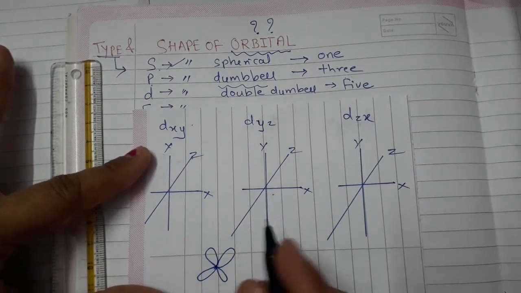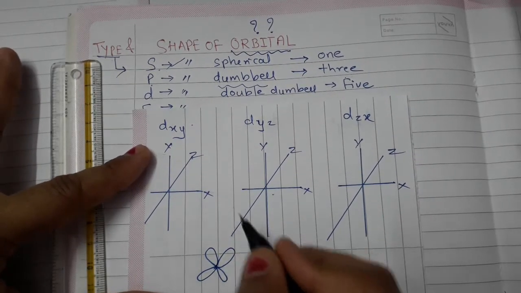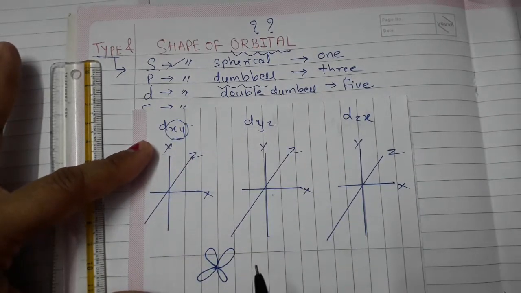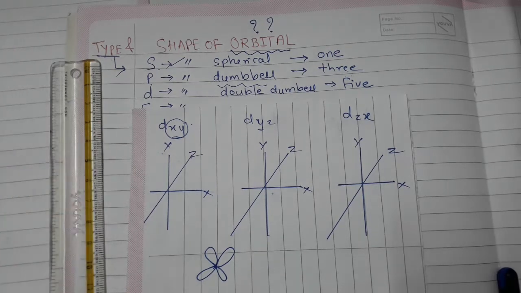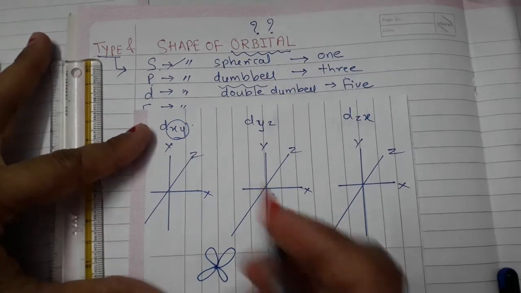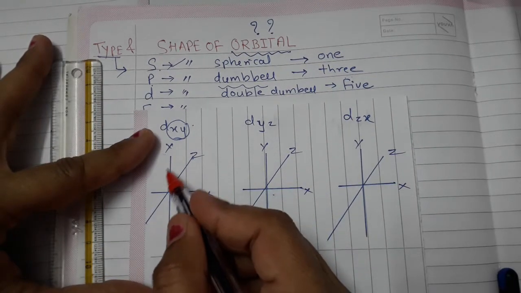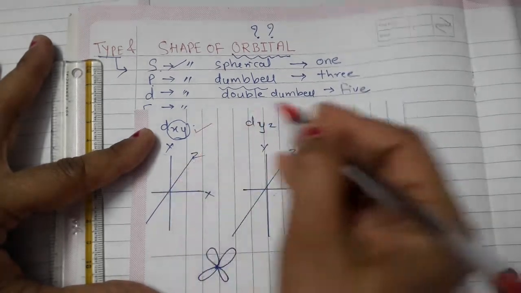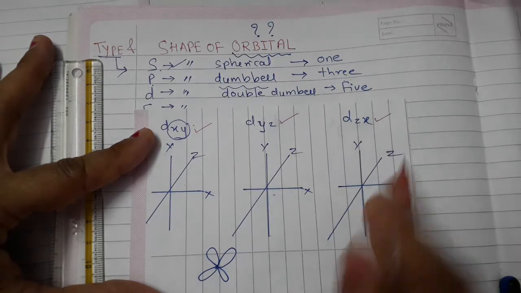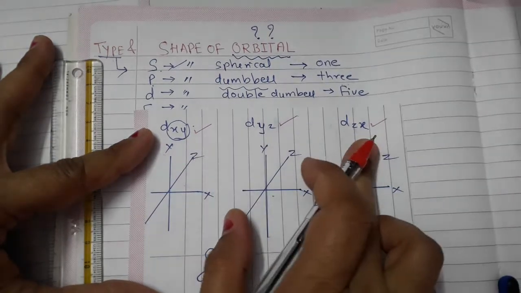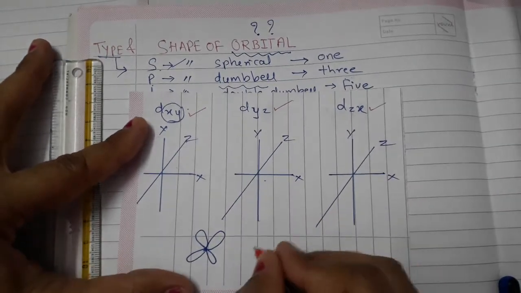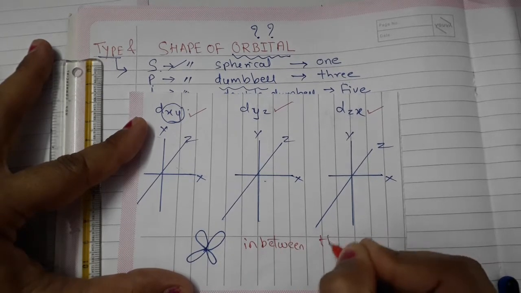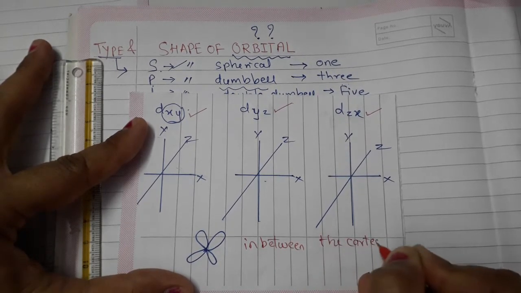Okay. Now dxy. So dxy is the orbital which is lying in between the Cartesian axis. Between the Cartesian axis means the region which is present in between these 2 Cartesian axes. Okay, so dxy, dyz, dzx. Please remember this. These 3 orbitals are lying in between the Cartesian axis.